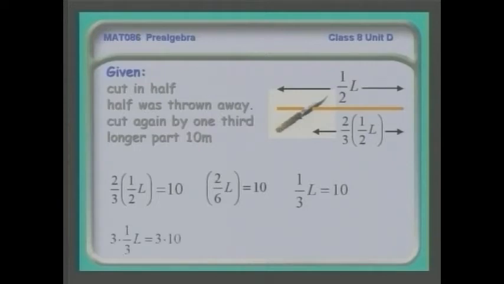If I multiply both sides of that equation by 3, I find that my original length of rope was equal to 30 meters. And remember, a meter is about a yard, so the original length of rope is about 90 feet, just to give you an idea of what we're talking about here.